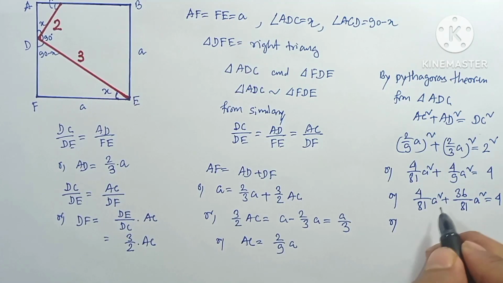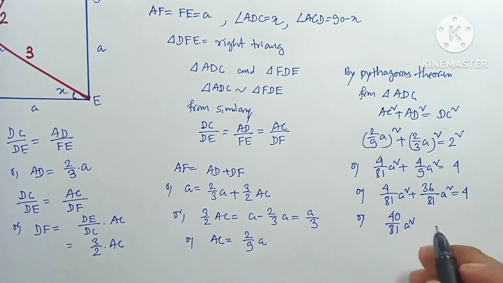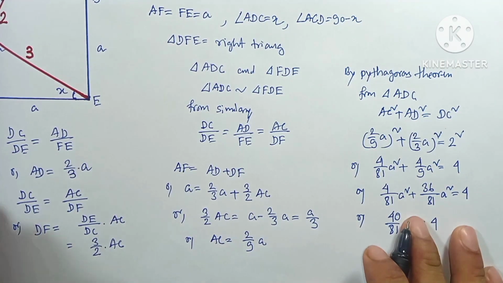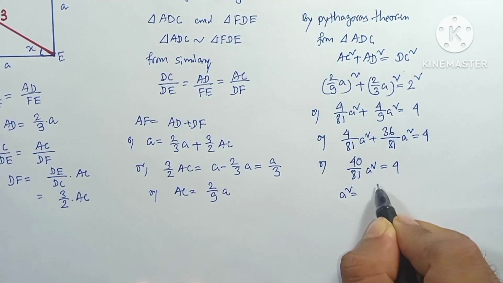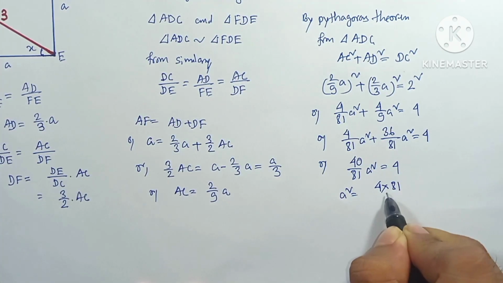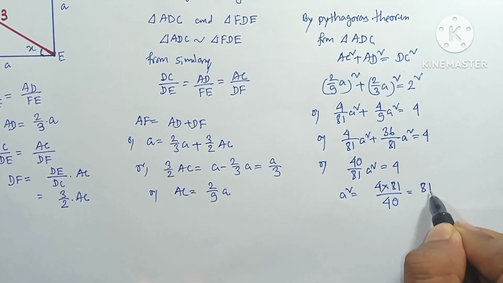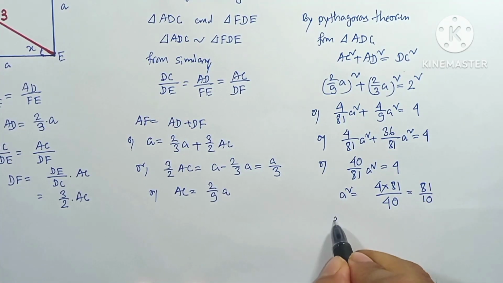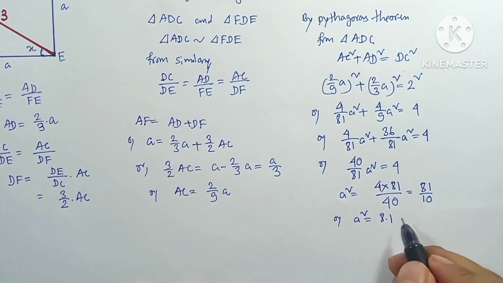Or adding these two, we can write that 40 by 81 a squared is equal to 4. Or by simplifying, we can write that a squared is equal to 4 times 81 by 40, which is equal to 81 by 10, or a squared is equal to 8.1 square units.